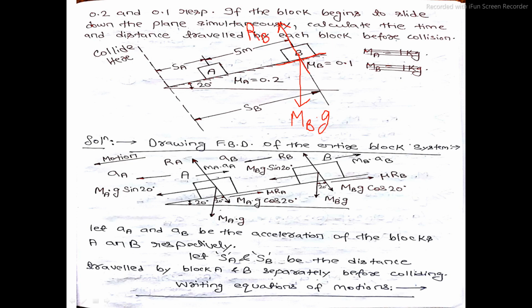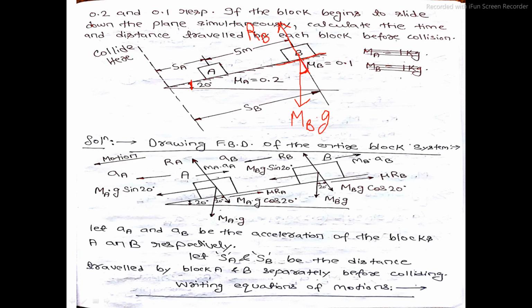Now by geometry, if this angle is 20 degrees, then this angle is also 20. If this angle is 20 degrees, then MBg will have two components. One component will be MBg cos 20 and one component will be MBg sin 20.